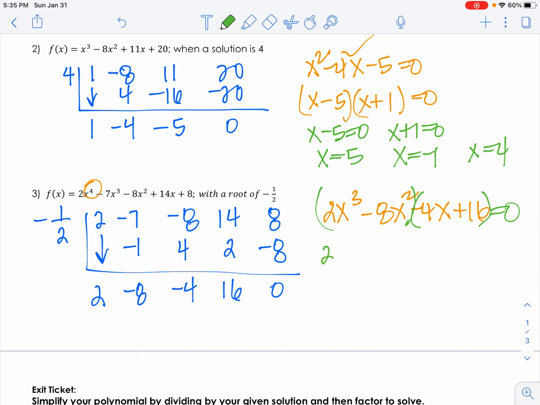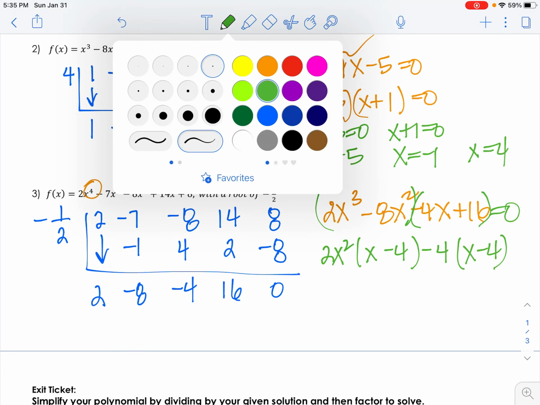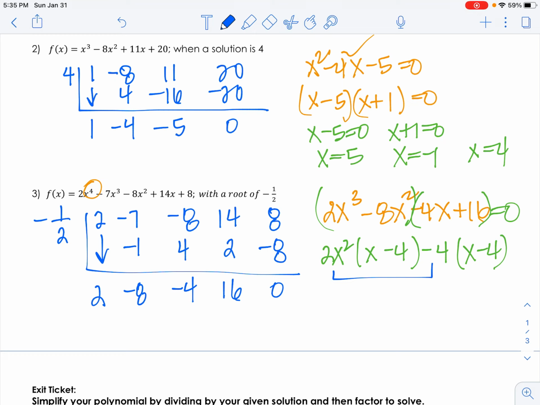My first group, I can pull out a 2x squared, and I'm left with x minus 4. My second group, I can pull out a negative 4, and I'm left with x minus 4. Remember, now we pull together our GCFs, 2x squared minus 4, and I'm left with x minus 4.